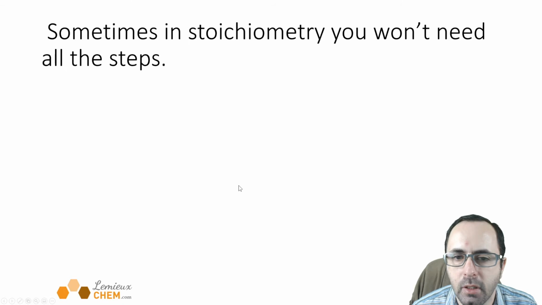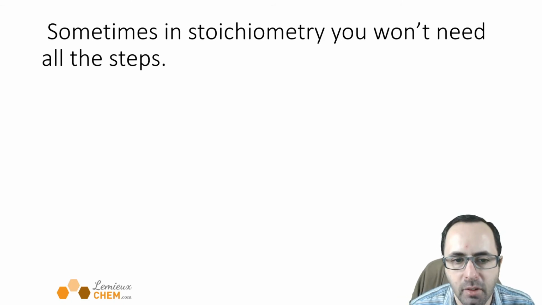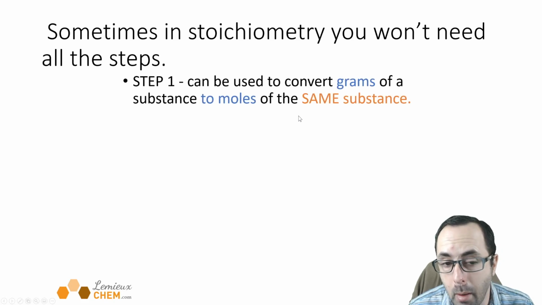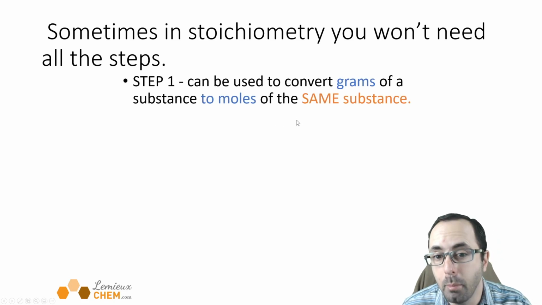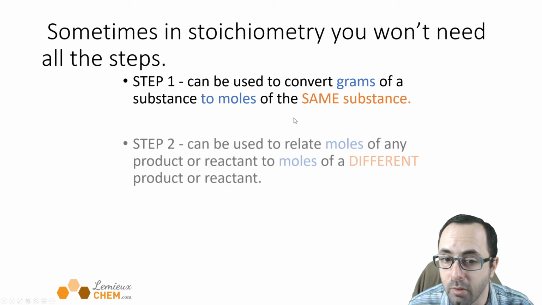Every time. Okay. But sometimes you won't need every step. So remember what the purpose of each step is. Step 1 is used to convert grams of a substance to moles of the same substance.